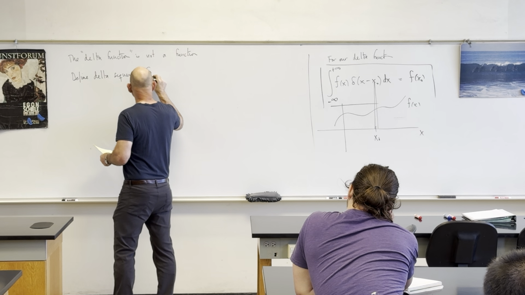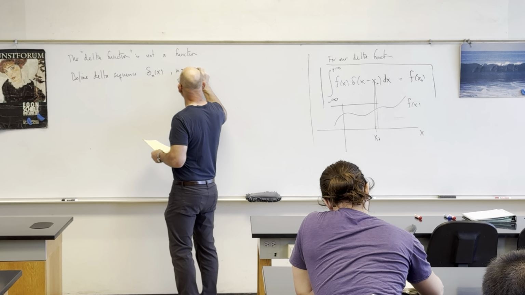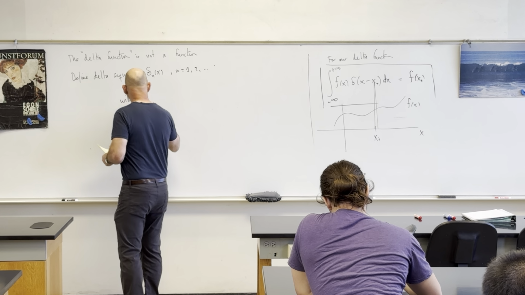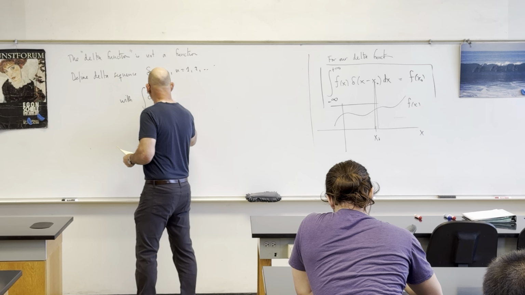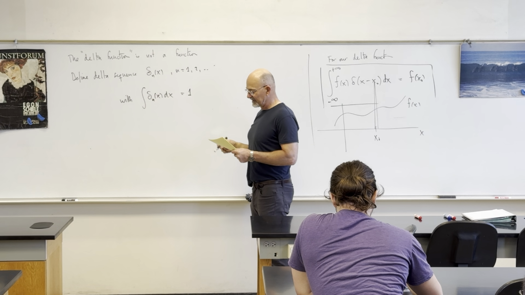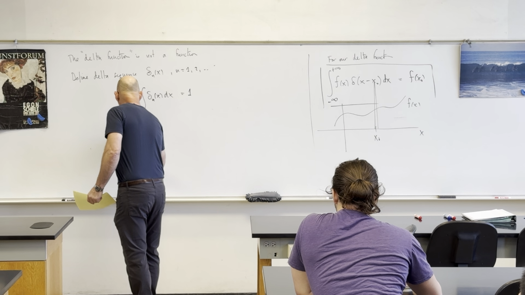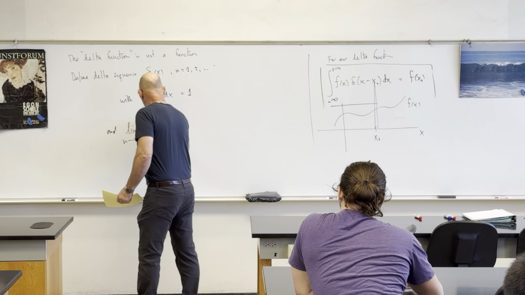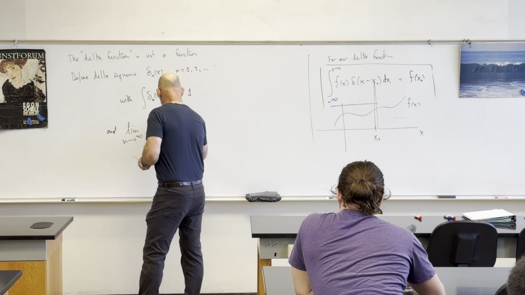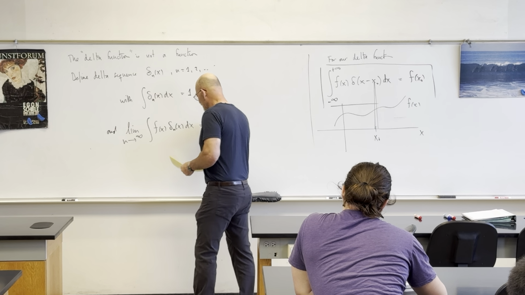So we'll have delta n of x, n equals 1, 2, etc., with the integral of delta n of x dx always equal to 1, and then the limit as n goes to infinity of the integral of f of x delta n of x dx equals f of 0.